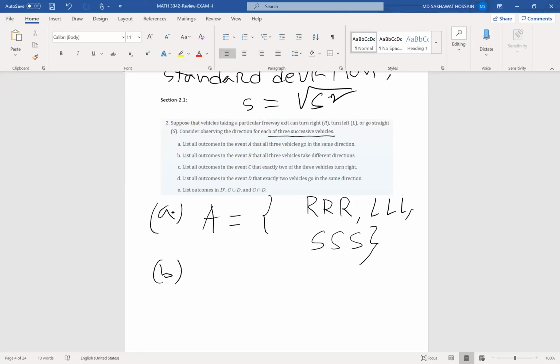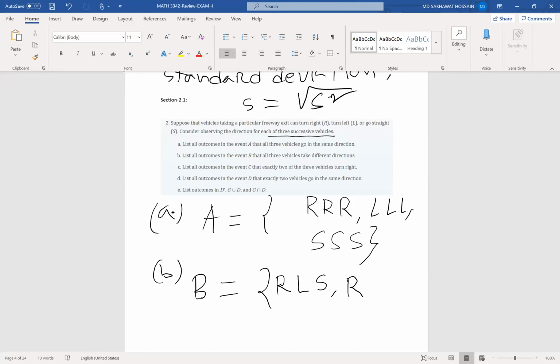Part B, list all outcomes in the event B, that all vehicles take different directions. That means the first one takes right, the second left, the third straight.